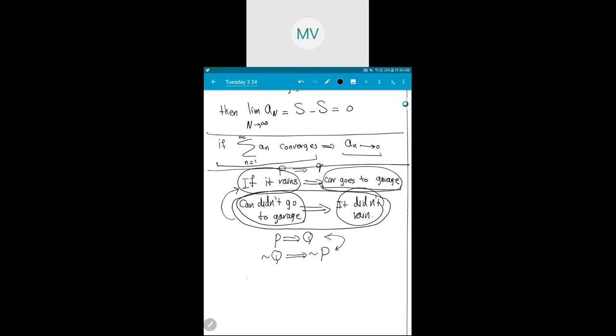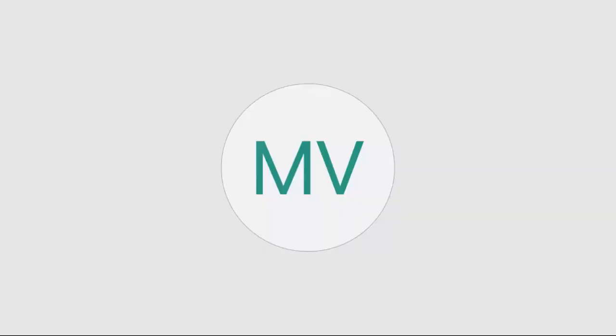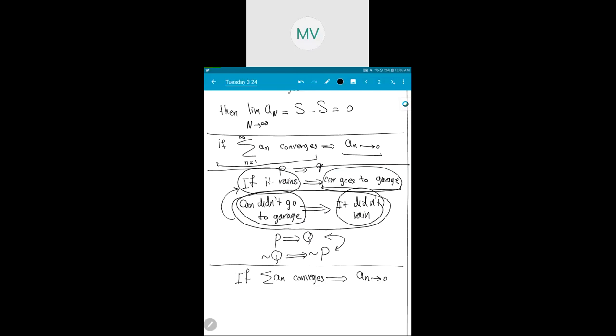All right. Now, similar to that, I'm going to write down the above statement. If the sum of a_n converges, we showed a_n approaches 0. Now, can someone open the mic and tell me what the contrapositive of this statement is?